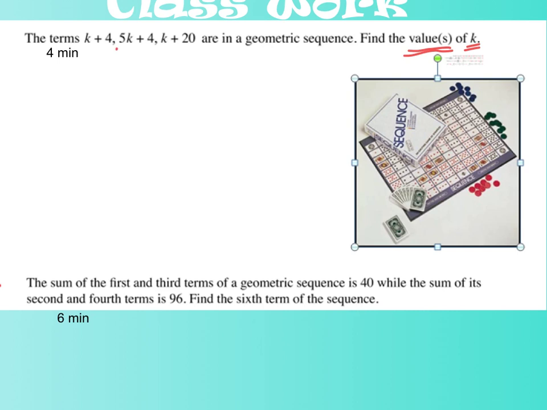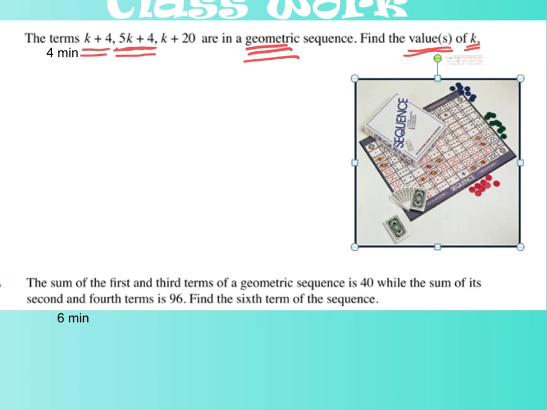And hint, that's the second term. That's the first term. That's all you would really need. Hint, one more thing. It's a geometric sequence.